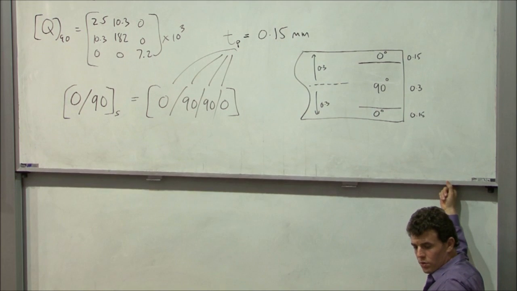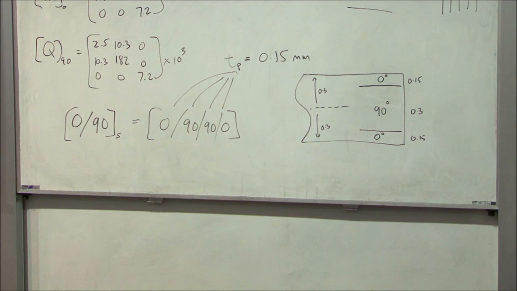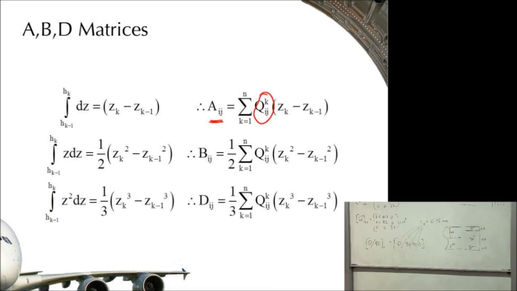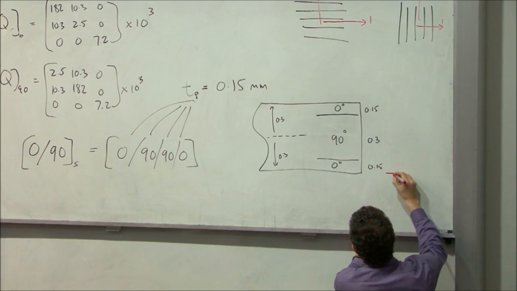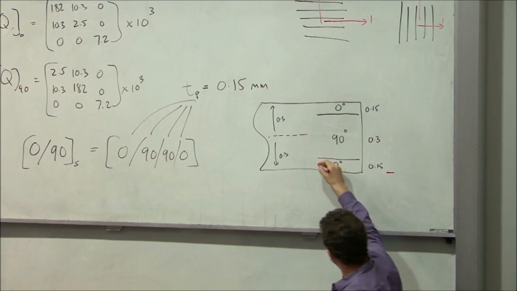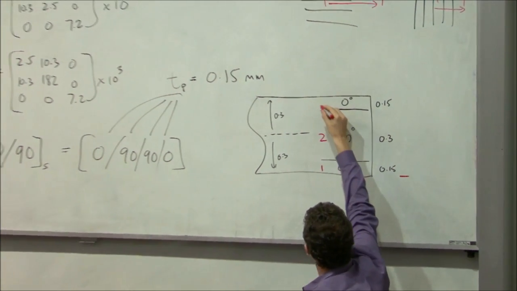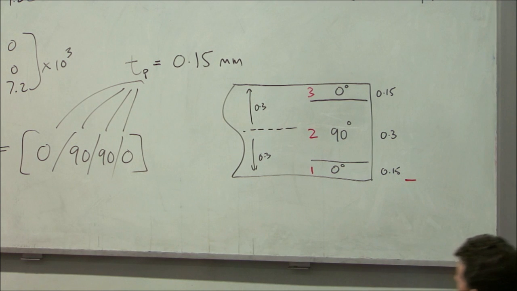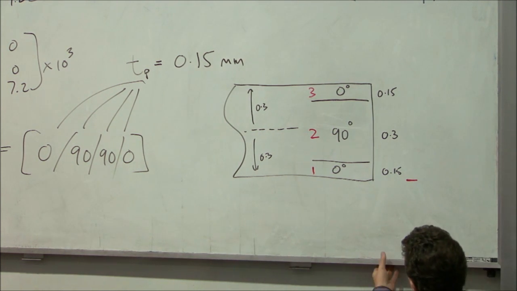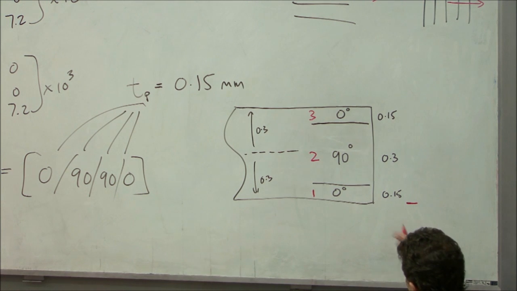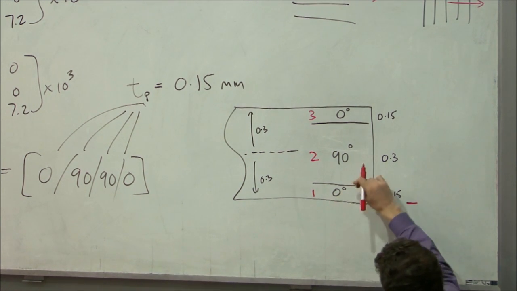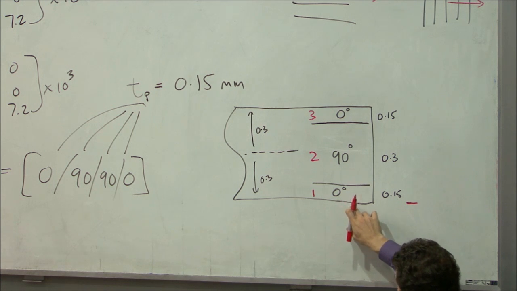Now, we know what this bit is, because we can just sample that from our Q matrices up there. The Z's are the positions of each ply. So if we look closely at this case, we're going to number this ply 1, this 2, and this 3. What we're really interested in for this calculation is the edges between the different levels.